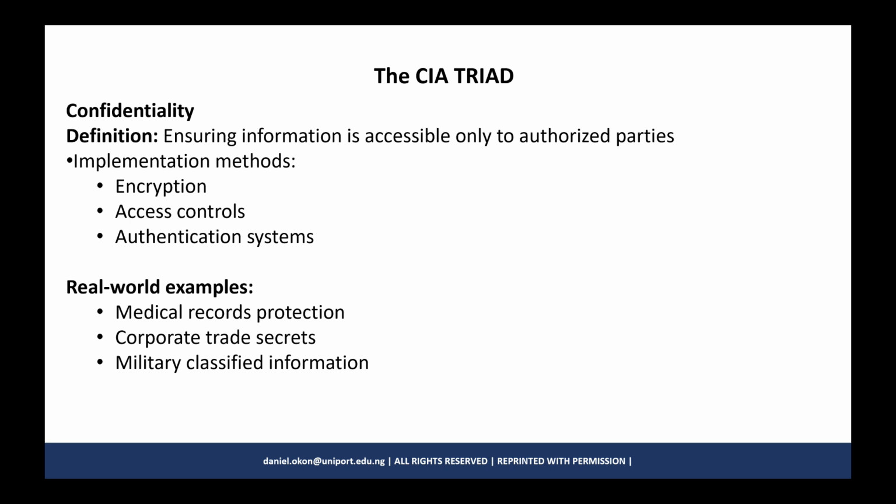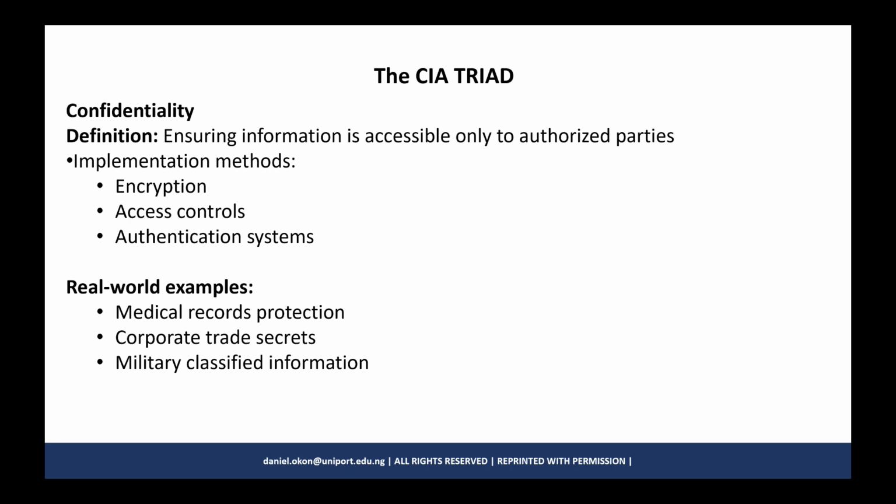Okay, let's give a typical example. If I ask my friend, please, what's your name? Williams, okay. If I ask you, how much does your dad earn? Is that information meant for me?